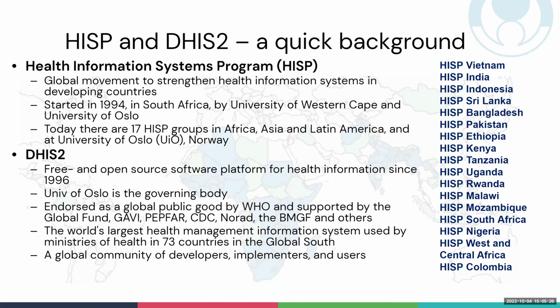We essentially have a distributed method of creating this free open source platform, working with 17 different health information systems program or HISP groups around the globe. The software is freely available for anybody to download and use. Many of those that are using this for their national health information system are not in direct contact with us.